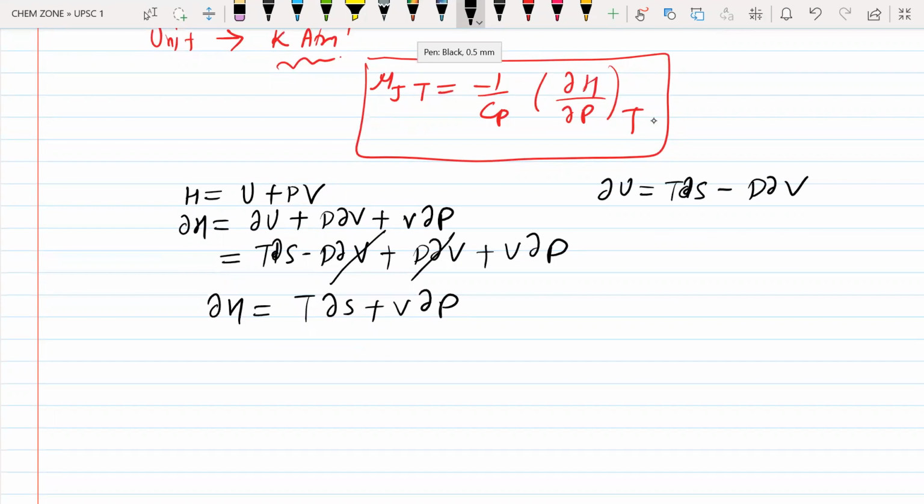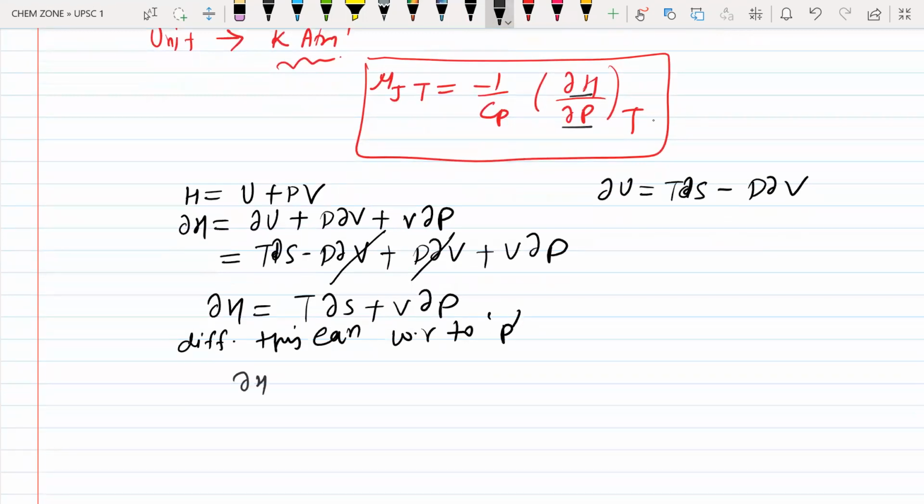Now, differentiate this equation with respect to pressure. Basically, we are trying to calculate the value of del H by del P, assuming temperature as constant.